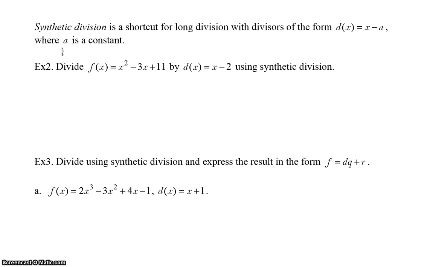But it has to be used only in cases where we are dividing by a linear divisor. So synthetic division is used for divisors of the form d of x equals x minus a, where a is a constant. For example, x minus 1. Or say x plus 3. In that case, a would be negative 3.